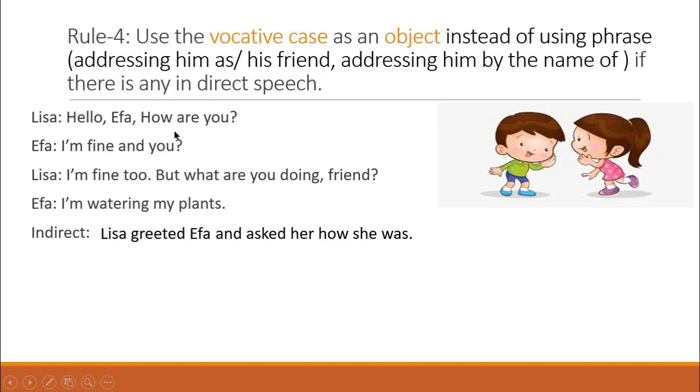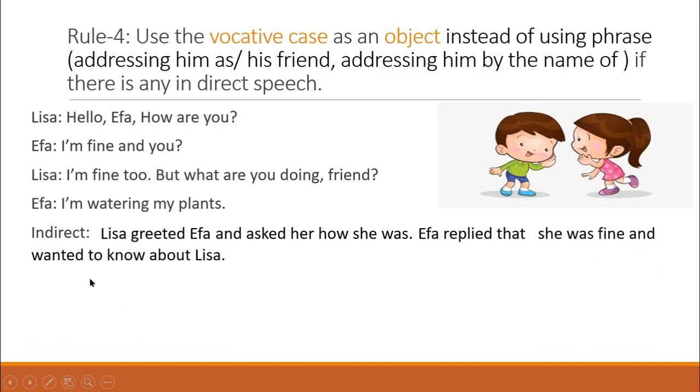So you see, while changing a question from direct to indirect, we have to change the word order here. Ifa replied that, what she replied? She was fine and wanted to know about Lisa.